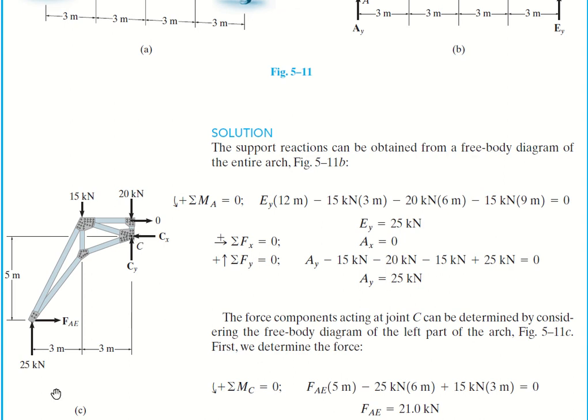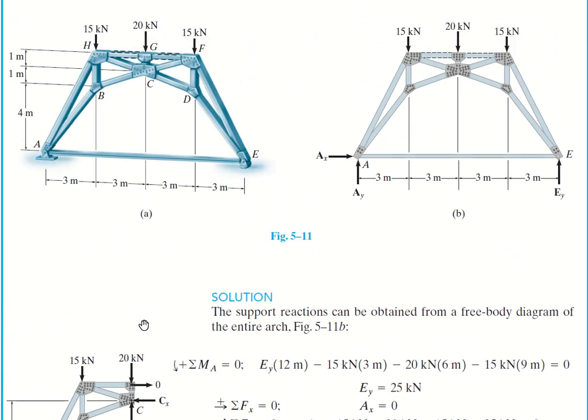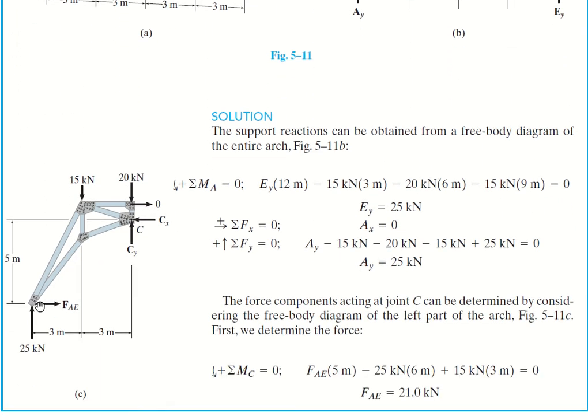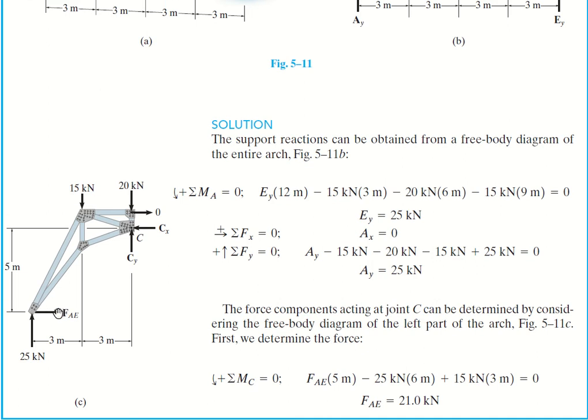So what are we left with? We are left with the reactions at A, AY, AX, and these applied loads. So FAE, which is the force in member AE, this is A and this is E. This is your force in member AE, FAE, and this is your perpendicular distance, which is 5.